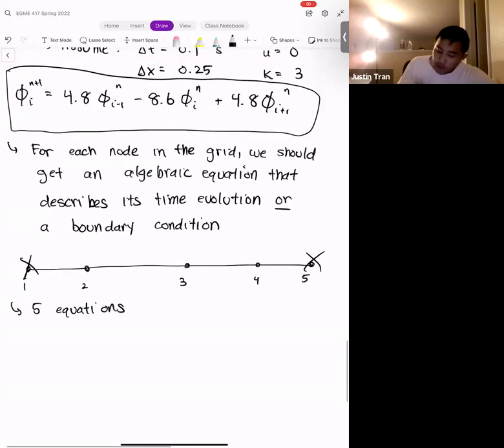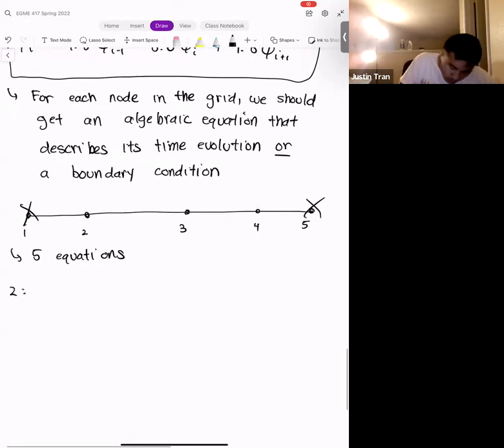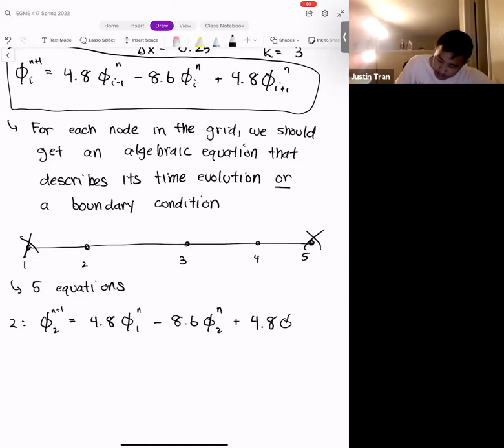All it is, is we're going to be applying this time marching formula up here. So we start with node 2, and so for node 2 we have phi 2 at n plus 1 is equal to 4.8 phi at i minus 1, so i minus 1 is 1, minus 8.6 phi 2 at n, plus 4.8 phi at i plus 1, and i plus 1 here is 3, and that's going to be evaluated at time step n.